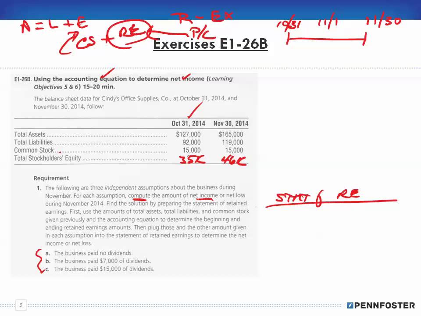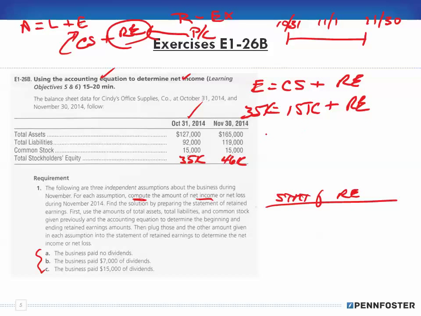So if my equity is equal to my common stock plus my retained earnings, I have 35,000 for equity, which is equal to 15,000 for my common stock plus my retained earnings.